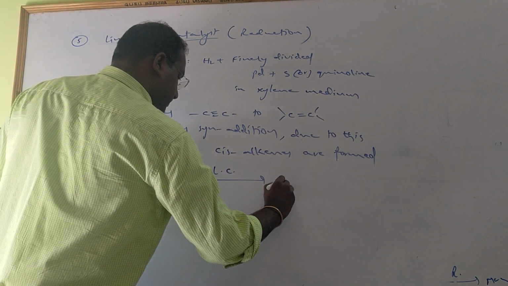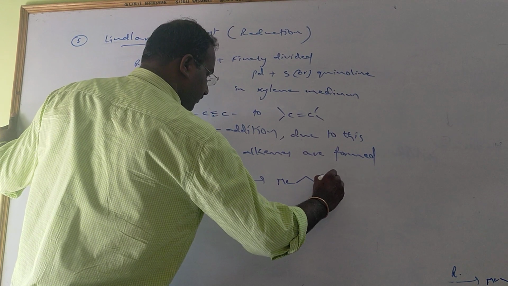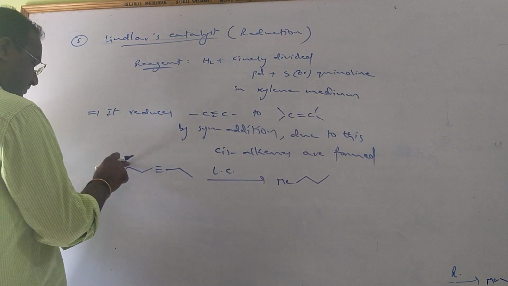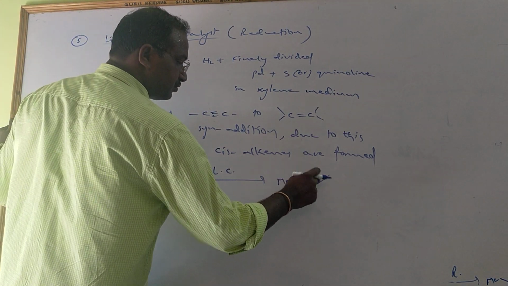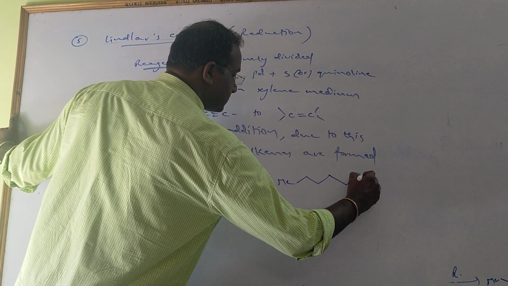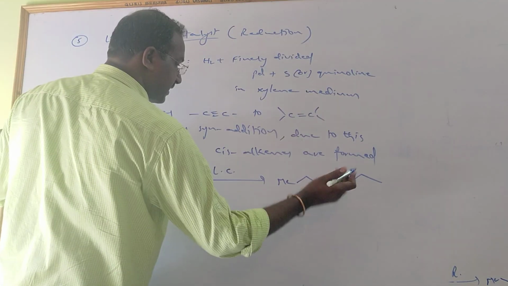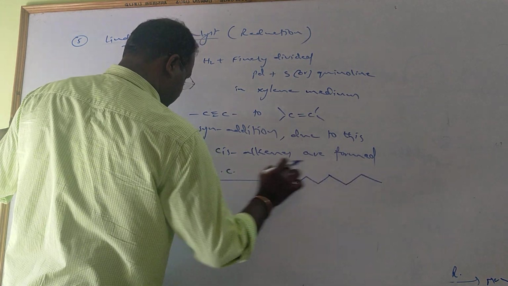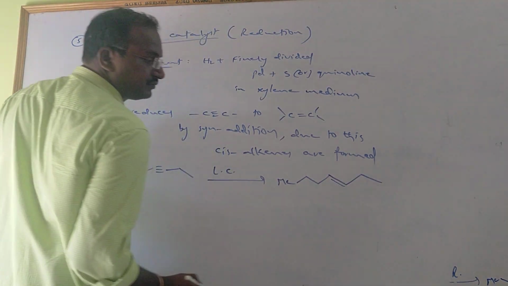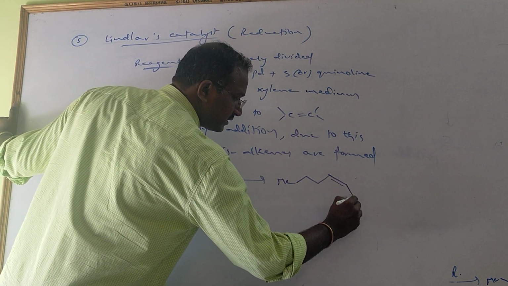So it gives the methyl group, numbered 1 to 7. The double bond will be here, at position 3. But the product is like this.